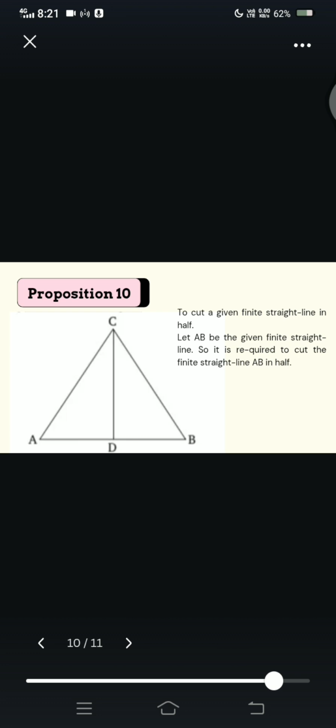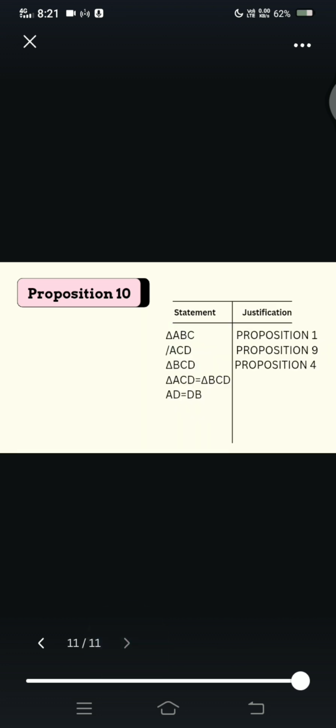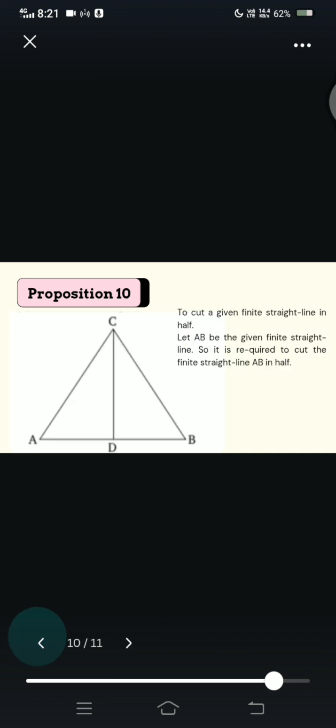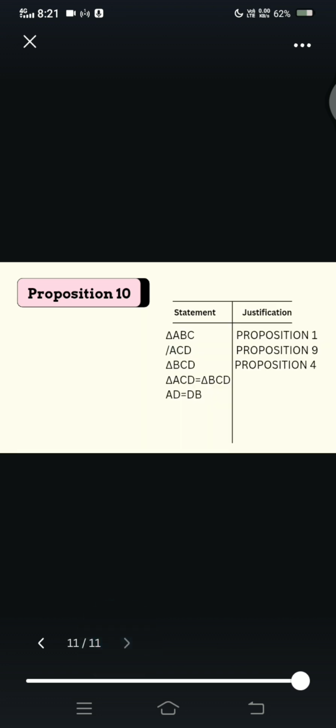So since the two sides of our triangle are equal to the two sides of another triangle, therefore the included angle of both triangles is also equal to each other. Therefore, our triangle ACD and triangle BCD are equal to each other, and AD is equal to our line DB.